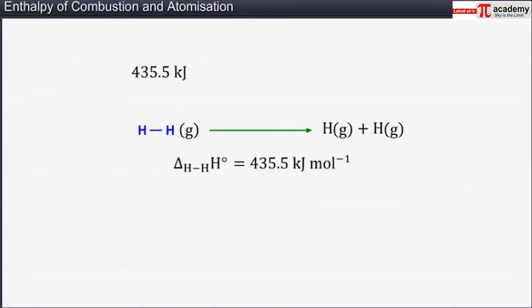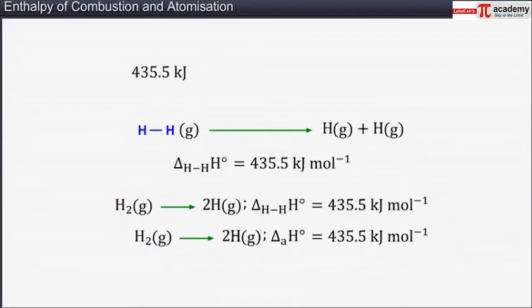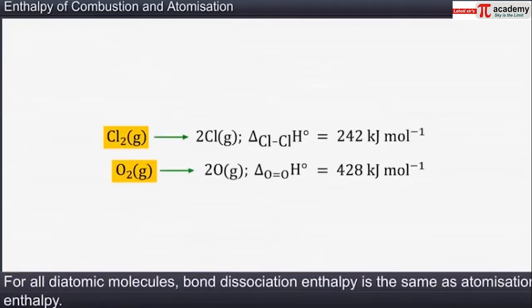Hence, the bond dissociation enthalpy of hydrogen is 435.5 kJ per mole. Note that this is the same as the enthalpy of atomization of hydrogen gas. For all diatomic molecules, bond dissociation enthalpy is the same as atomization enthalpy.